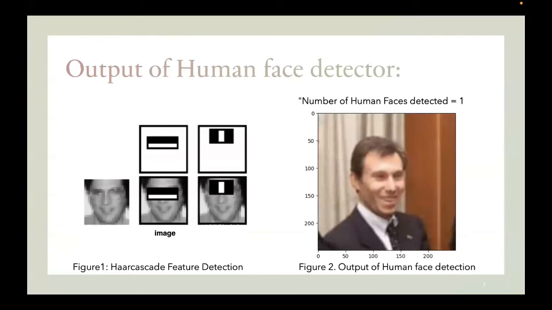Figure 2 is the output obtained after the first step. Here the number of human faces detected equals 1 because the input image is a human image.